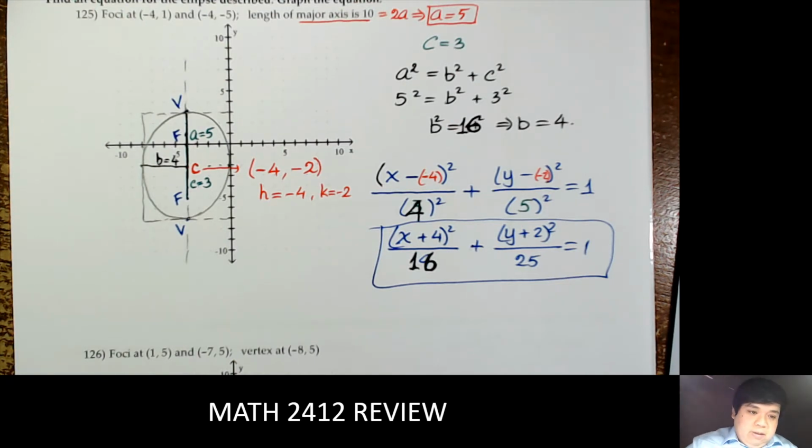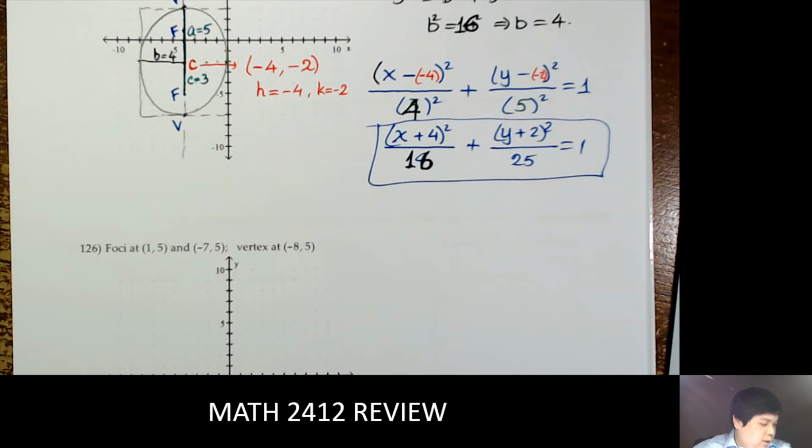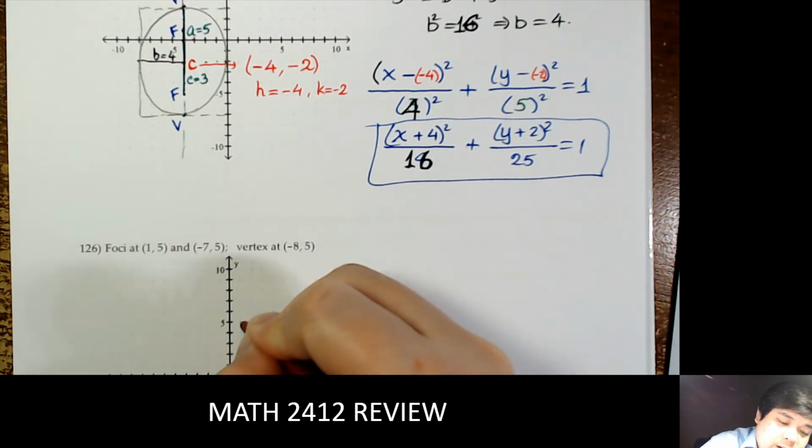Next, we also have an ellipse. We don't have the equation. The foci, as we know, there are 2 foci. One is at x equal to 1, y equal to 5.